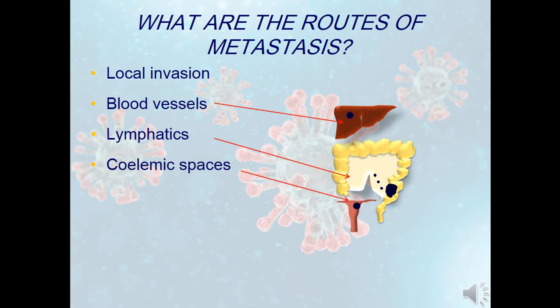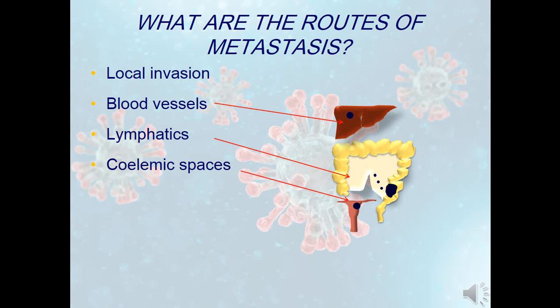Now, what are the routes of metastasis? Spread of a malignant tumor from its primary site is by four main routes. Number one, local invasion, which is the most common pattern of spread of malignant tumors, by direct growth into adjacent tissue. Number two, vascular invasion: the tumor gets access into the vascular channels and spreads to distant sites, for example, metastatic foci in the liver.